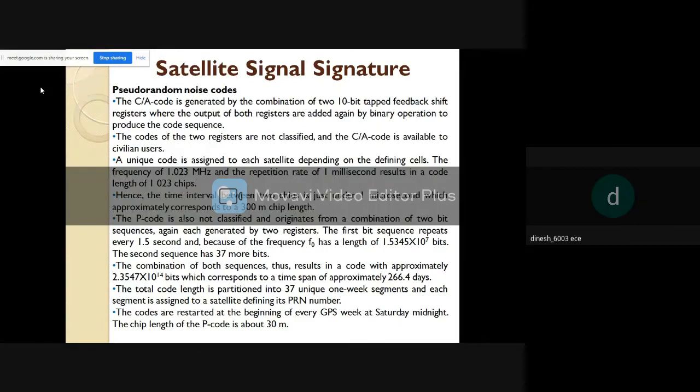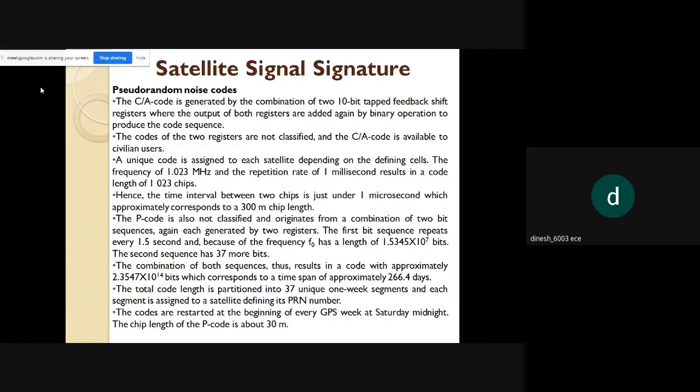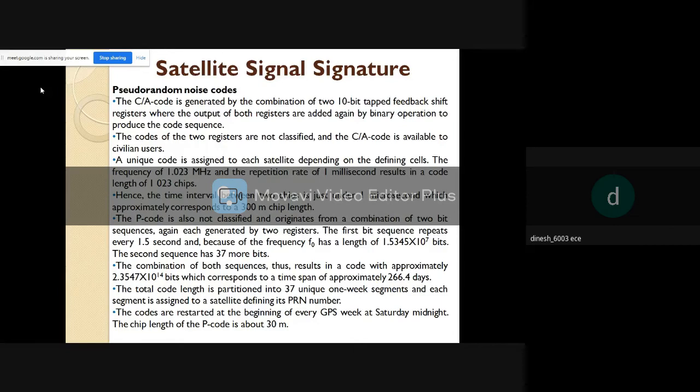Next come the P codes. The P codes are also not classified to a certain limit, and they are a combination of 2-bit sequences, again generated by two registers. The first bit sequence repeats every 1.5 seconds, and will have a length of 1.5345 × 10^7 bits.